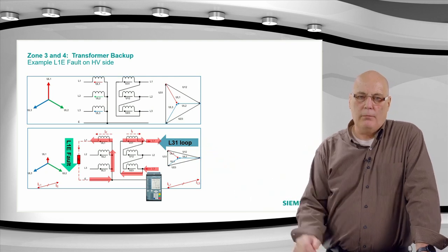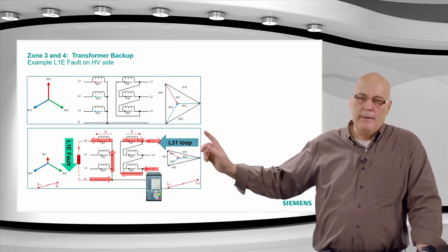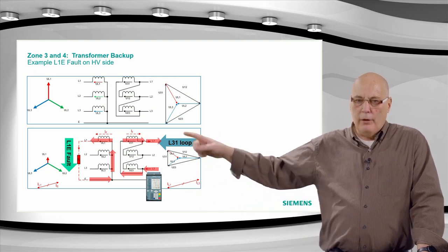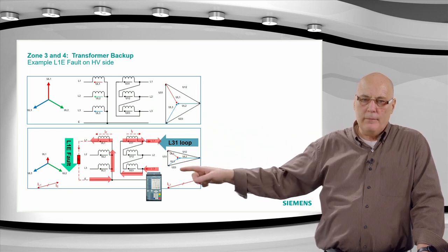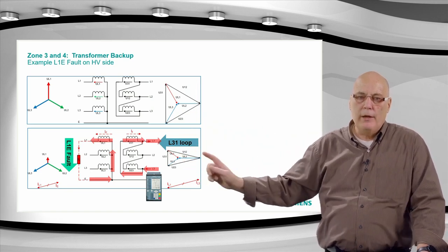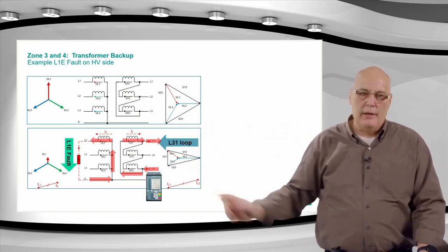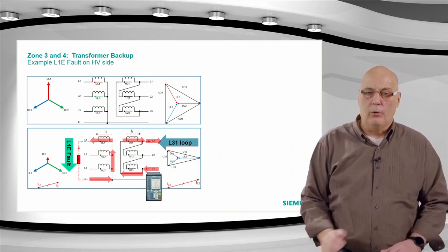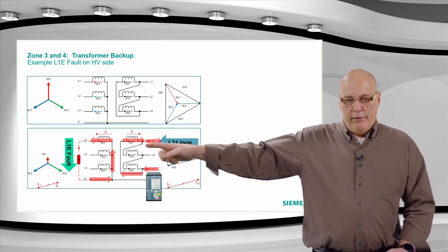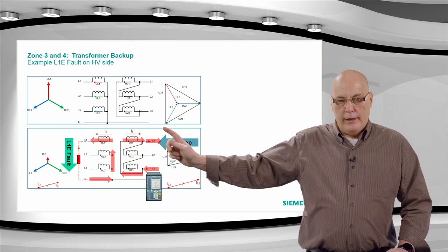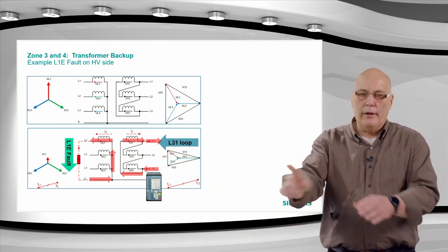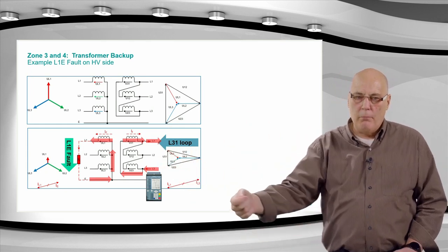What's important is the bottom diagram. You can see our relay located on the LV side, the delta side, is measuring this, and we have now applied a fault on the HV side, an L1 to ground fault. The red phases show you the loop current flowing through that L1 to ground fault. There's current flowing out on the L1 through the fault and back in via ground.